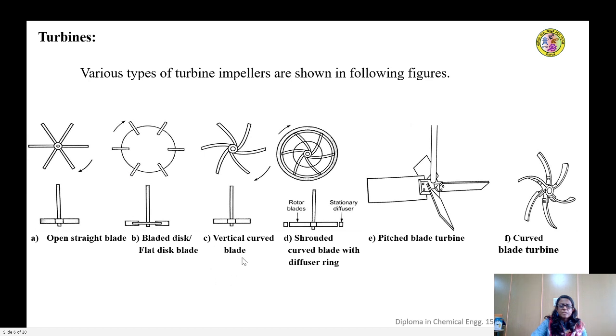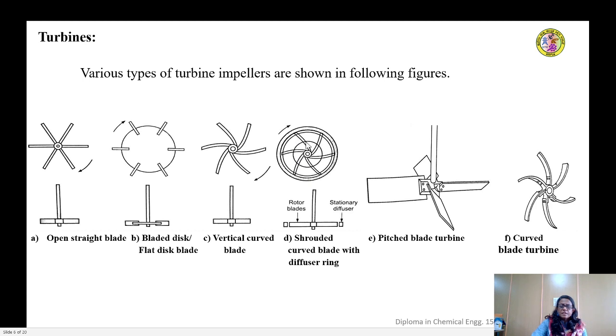on the liquids. Okay, so this is another design in which the blades are curved in shape, which are again attached to the central hub as in the first design. So this type of turbine is called a curved bladed turbine. The fourth one is a turbine impeller with the same kind of structure as the third type, that is, a curved bladed turbine.